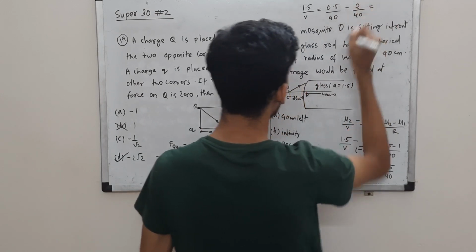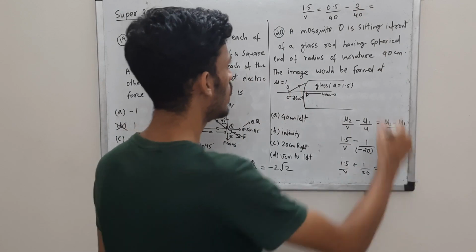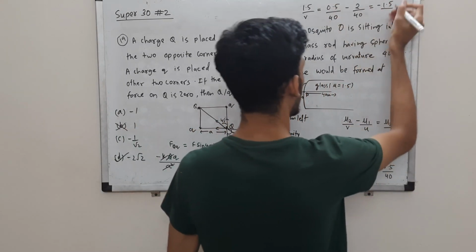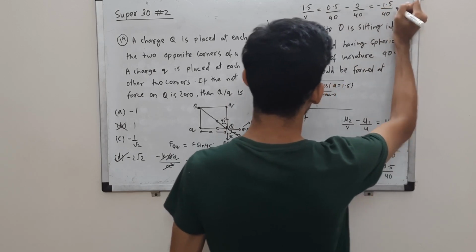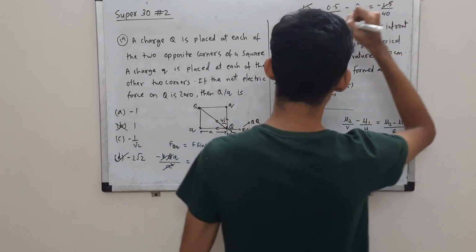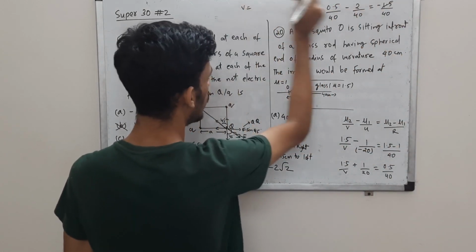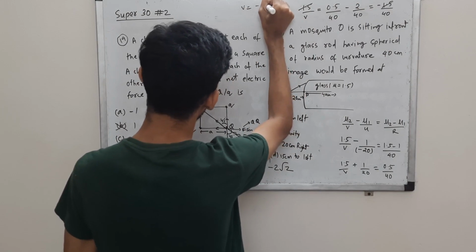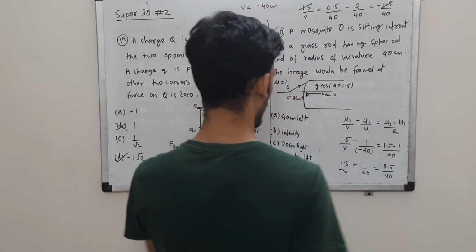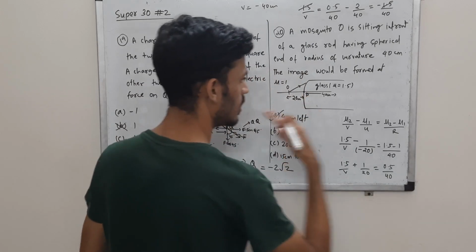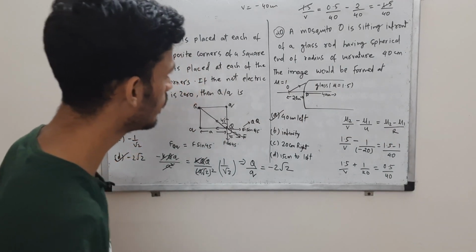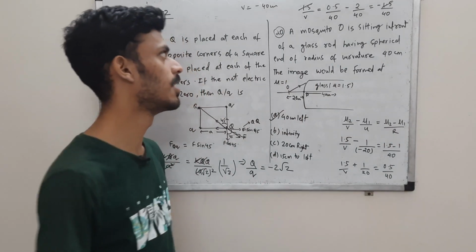I am multiplying 2 in the numerator and denominator. So this will become 0.5 minus 2 upon 40, that is minus 1.5 upon 40. So 1.5 and 1.5 get cancelled, and v will be equal to minus 40 centimeters. So opposite to this direction, in the left direction. This is right, this is left. So minus 40 in the left direction. That is our answer.